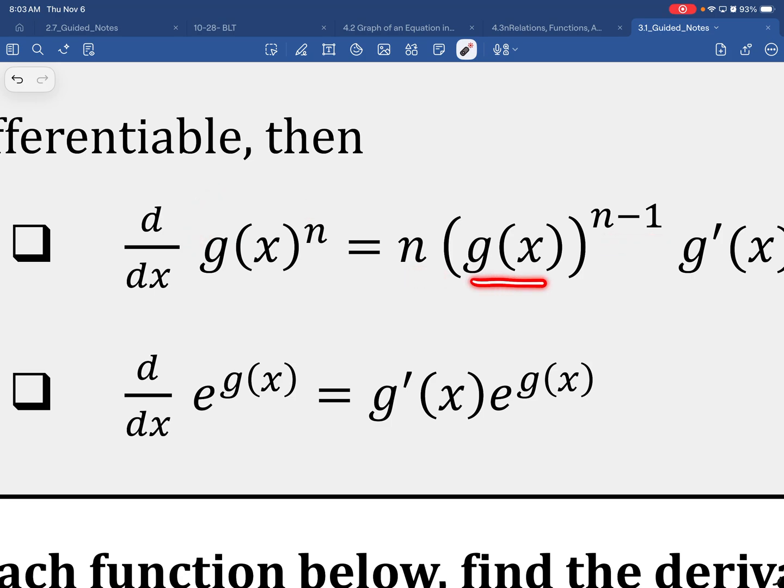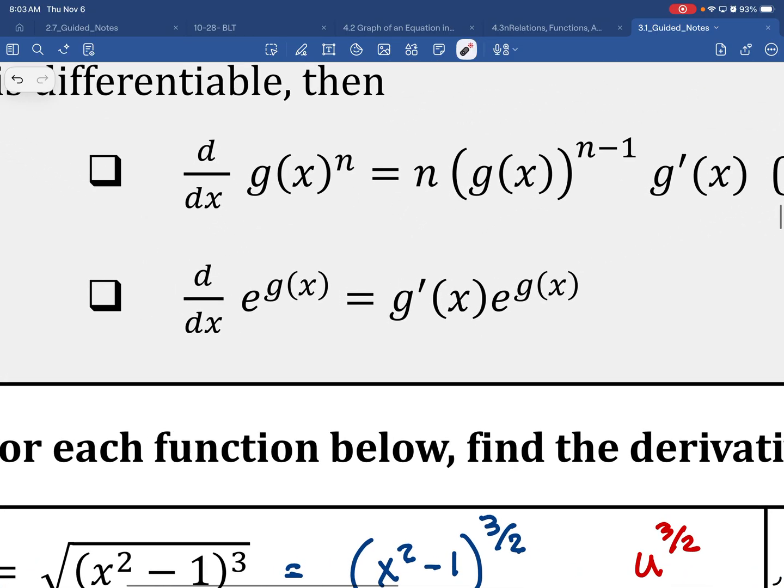But then you have to multiply by the derivative of that inner function because of chain rule. In all the examples we've done so far, that inner function just had an x to the 1st power. What's the derivative of x to the 1st power? So we have been using chain rule. It's just been defaulted to 1 every time, and multiplying by 1 doesn't really do anything.